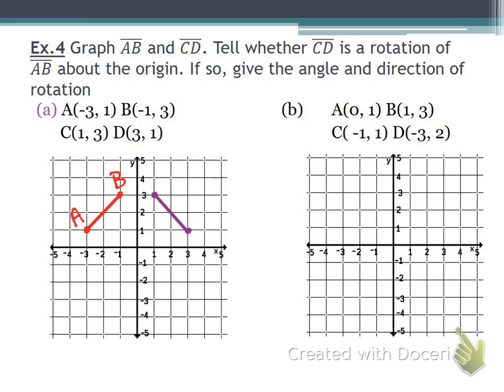So we have to decide if this is a rotation from AB to CD. If so, give the angle and direction. Now, direction should be pretty easy to know right away. If this is a rotation, which way did it go?